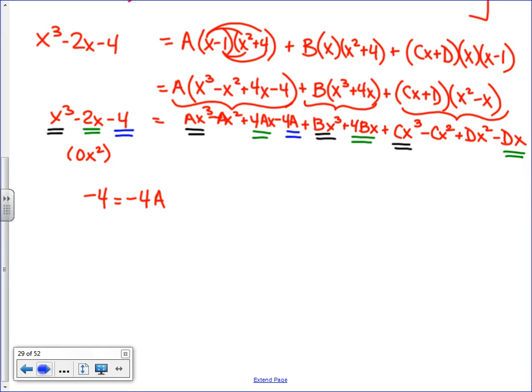Okay, next one. X, negative 2 has to equal 4a plus 4b minus d, right?